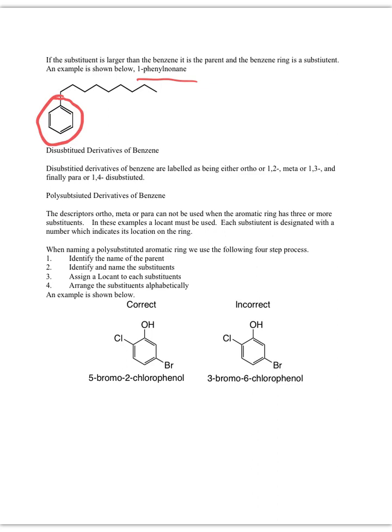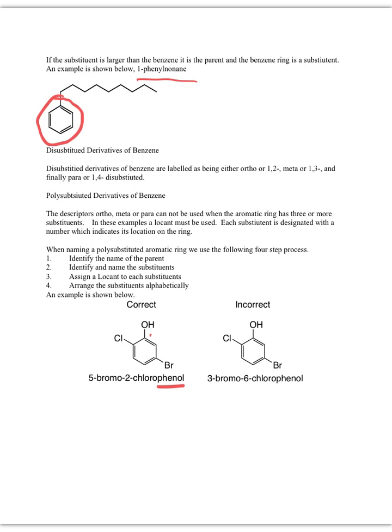Now if you have a disubstituted benzene, you have to figure out, is it 1,2, 1,3, or 1,4? What's the highest priority group, and go from there. So in this first example here, we know it's a phenol because the phenol is in the base name, the alcohol. So that's carbon 1.